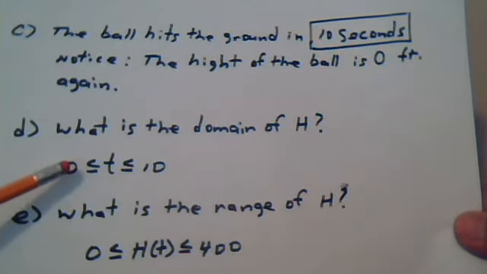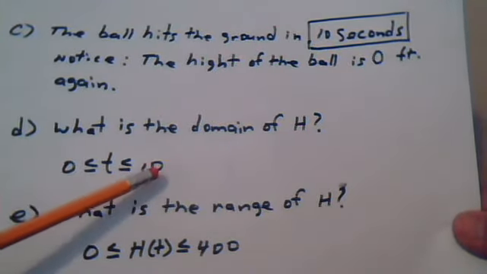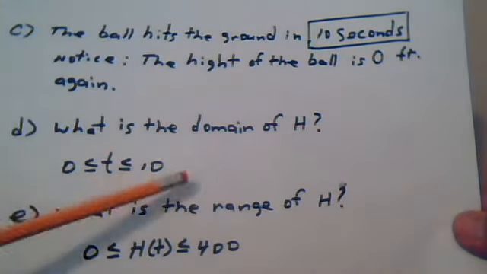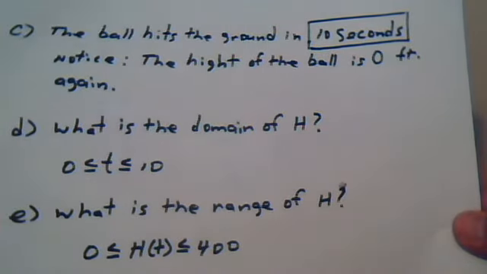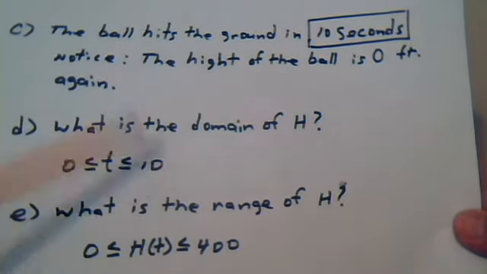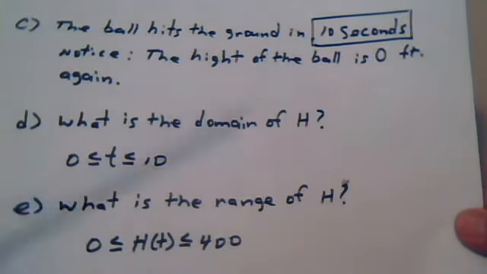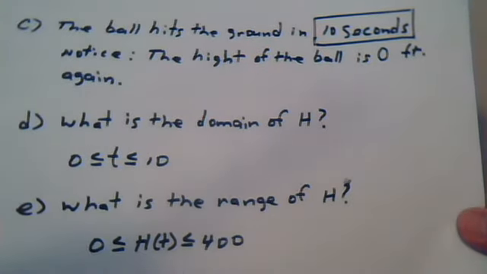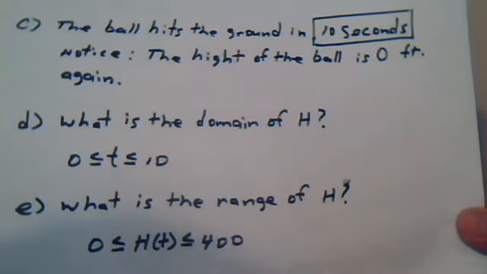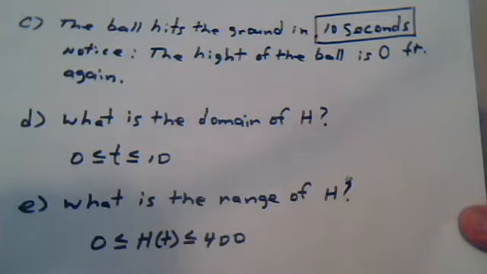It started at ground level, ends up at ground level, and that graph was traced out from 0 seconds to 10 seconds. So that would be the domain. This describes the inputs, the horizontal values that graph uses.